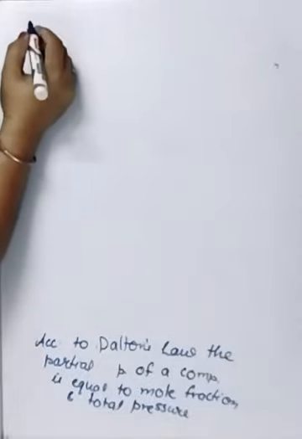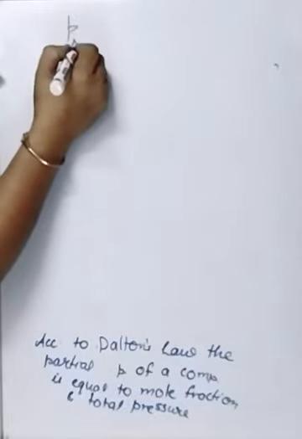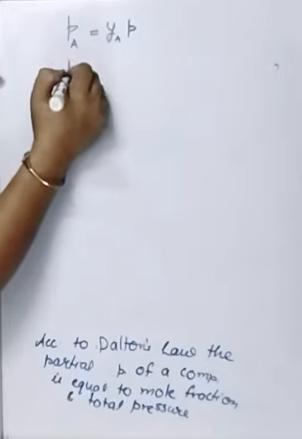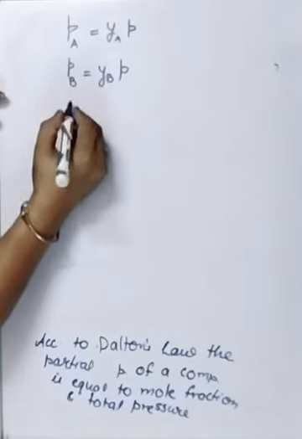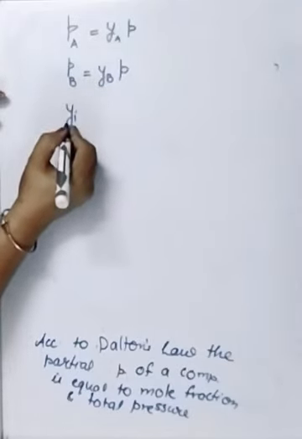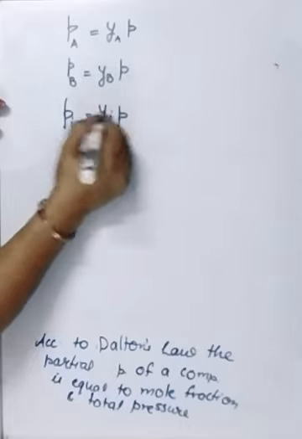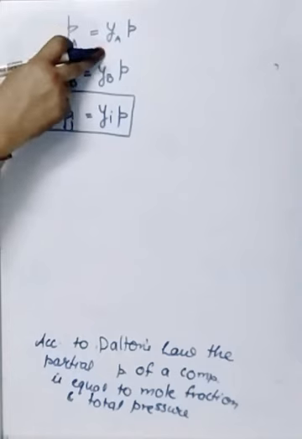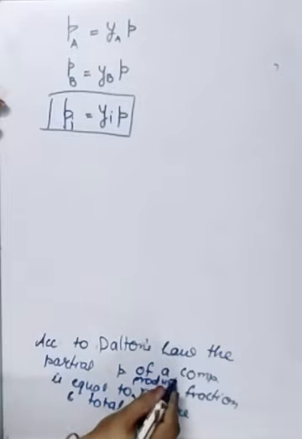Let's see how. Taking component 1 as A, PA equals YA P, PB equals YB P. So in general, Pi for any component will be Yi P. This is as per Dalton's law that the partial pressure of a component is directly proportional to its mole fraction, that means it is equal to the product of mole fraction and total pressure.